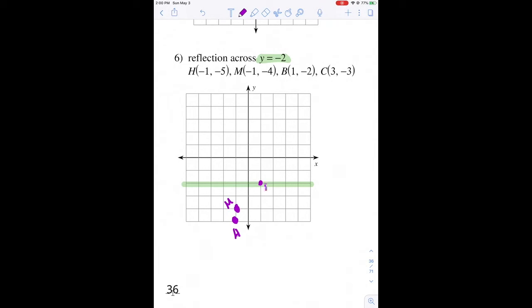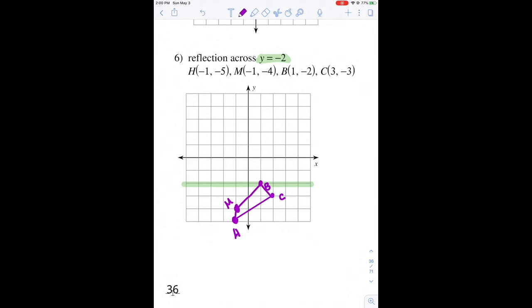Right on the line. And C is 3, -3. So here is my original figure, my pre-image. Nothing's happened to it yet. So, as you guys can probably predict, if you reflect it across this line, you ignore the x and y axis, and the green line is your new mirror.